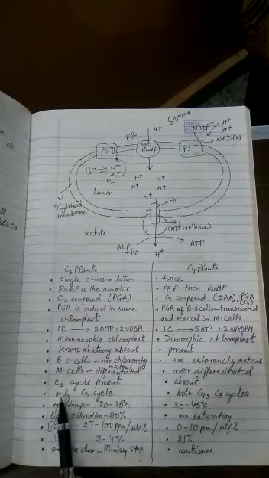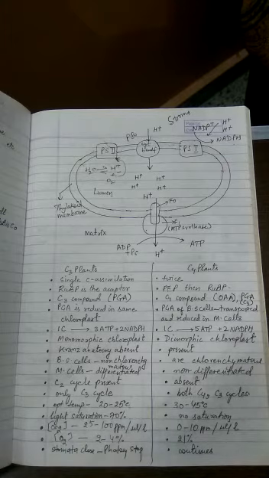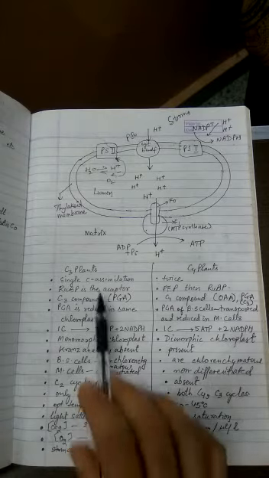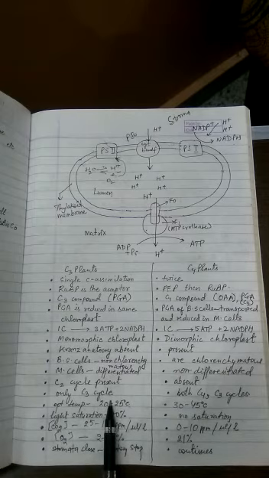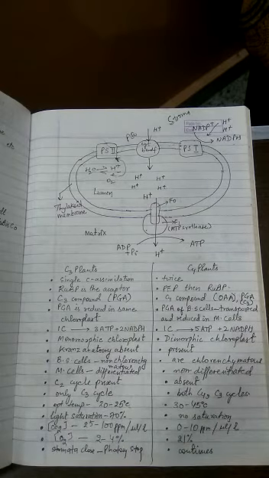Now the C2 cycle we'll be learning next is present in the C3 plants and it is absent in the C4 plants. The C2 cycle is also called photorespiration. Now in C3 plants only the C3 cycle occurs, but in the C4 plants both the C4 as well as the C3 cycle occur. Now the optimum temperature for C3 plants is a comparatively cooler temperature, 20 to 25 degrees, to perform photosynthesis, and C4 plants want a higher temperature of 30 to 45 degrees to perform their best in photosynthesis.